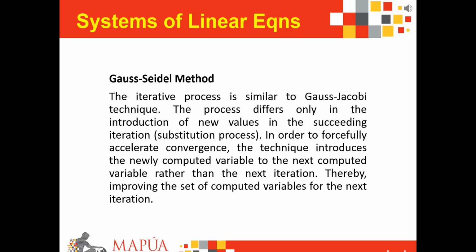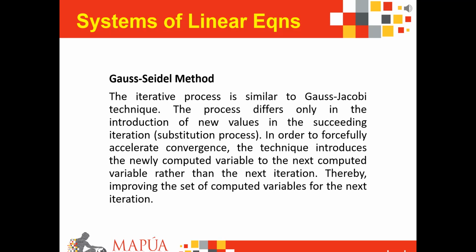In fact, the process differs only in the introduction of new values in the succeeding iteration, which involves the substitution process. This technique forcefully accelerates convergence of your unknown variables by simply introducing newly computed values to your next computed variable.